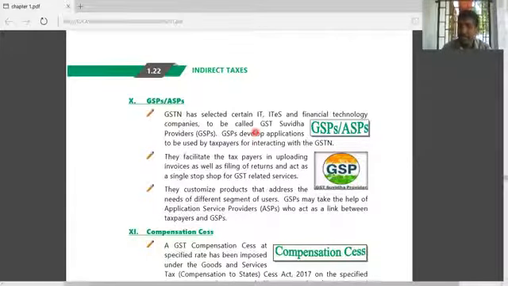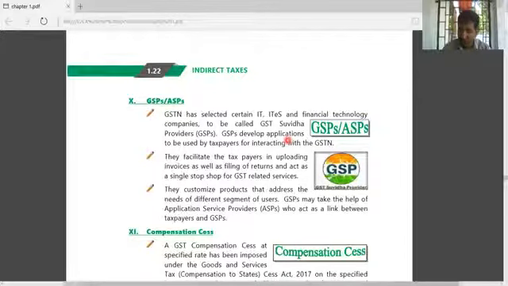Now what they can do, they can develop their own applications or their own platforms, and in that platform they can maintain their own methods, and they can import data into their platform, and from their platform, they can get direct access to the GST website. If each businessman or each company directly visits the GST website, the site will get damaged.